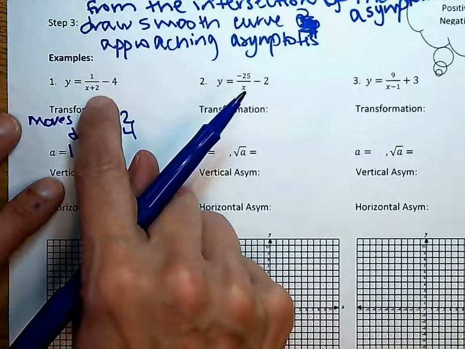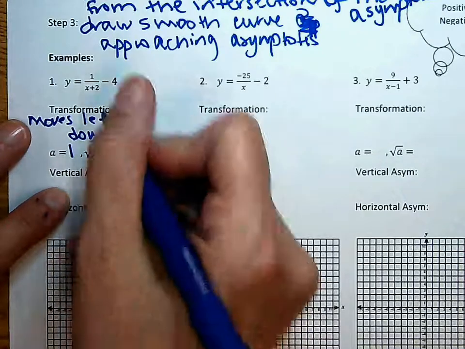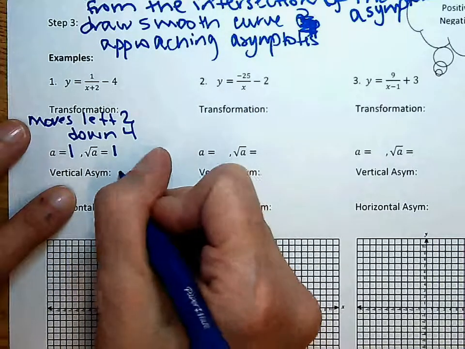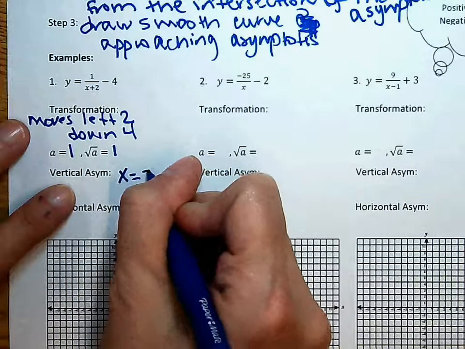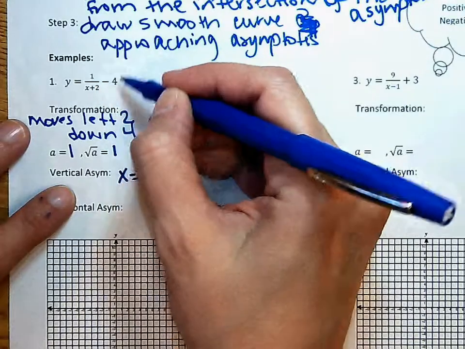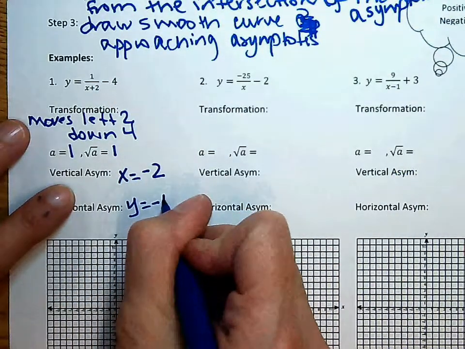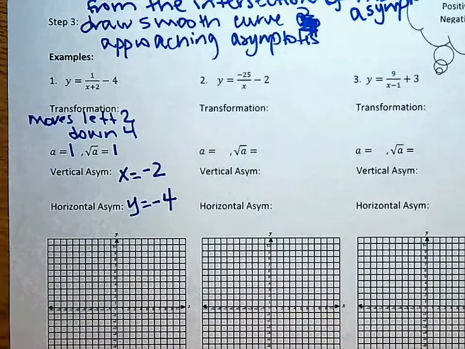So you move it to the left 2, so your vertical asymptote, instead of being at x equals 0, is x equals negative 2. What about your horizontal asymptote? Y equals negative 4.